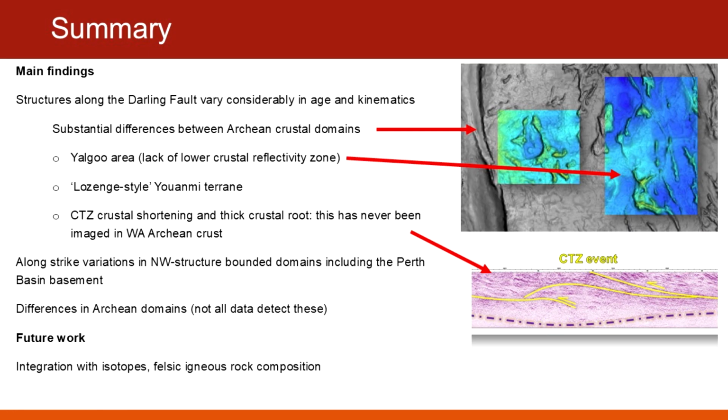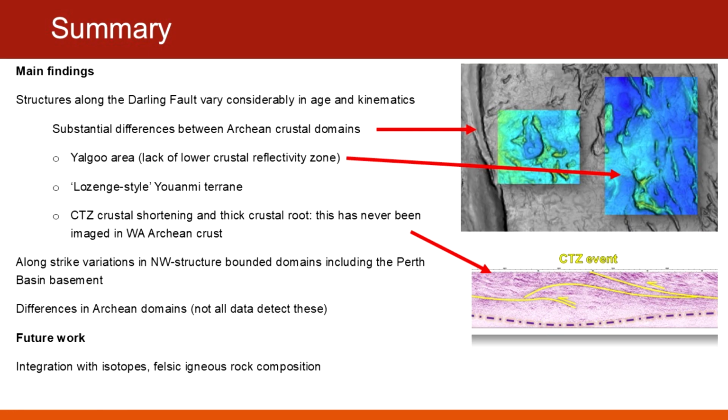We have a more lozenge style terrane that Tim, Raf, and Ivan talked about. And we have in the southwest one line, the crustal shortening during the Corrigan tectonic zone event, and a thick crustal root. That's something that we have never seen before in Archean crust in WA.